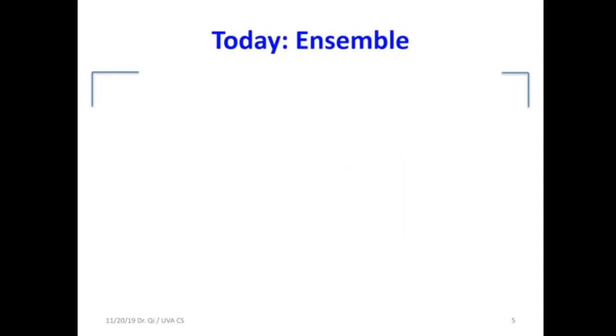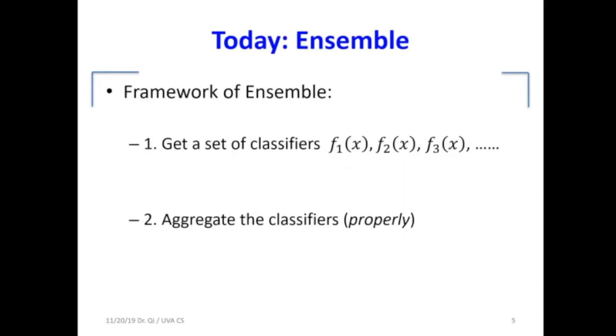The general framework is normally like this: you have base classifiers, which you can index as F1(x), F2(x), until FB(x). Then the second stage is how you aggregate, how you blend all those different base classifiers together. Almost all ensemble approaches follow this framework.